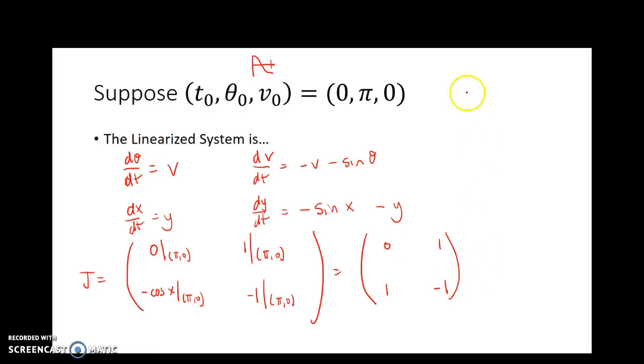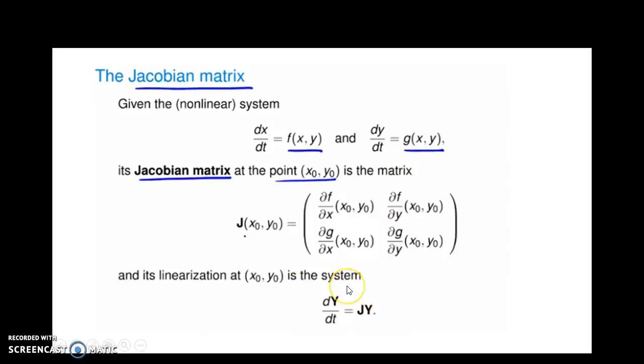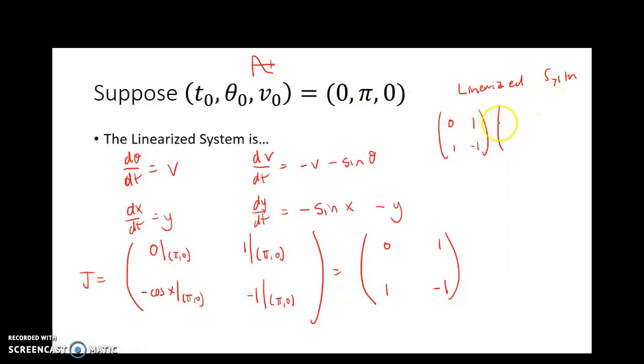So that means my linearized system is going to be the Jacobian, 0, 1, 1, negative 1, multiplied by, I've got to go back for a second here, we wrote these in the order theta, v, so this has to be in the order theta, v as well, which is equal to 0 theta plus 1v, and then 1 theta minus 1v.